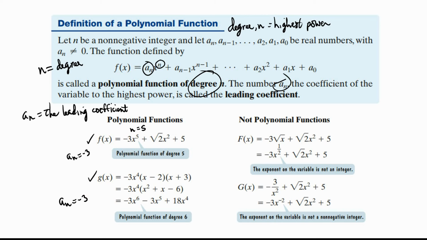Now on the right side, it talks about these functions that are not polynomials, and they say that because of how the polynomial is defined on n. N is said to be non-negative, and it's said to be also an integer. So these integers, the set of integers, or these whole numbers and also their so-called negatives.